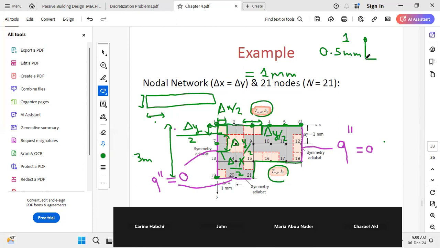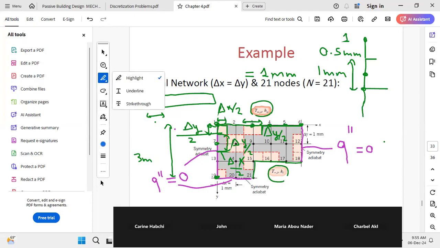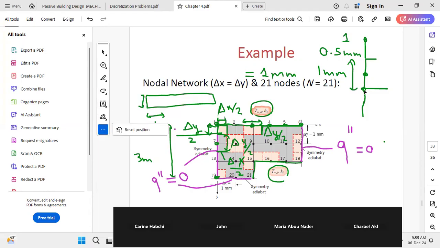Now, for other cells in the domain, I will have a normal size. If I take the node here, this distance will be 1 millimeter. Here it's not a node, let me just fix it.